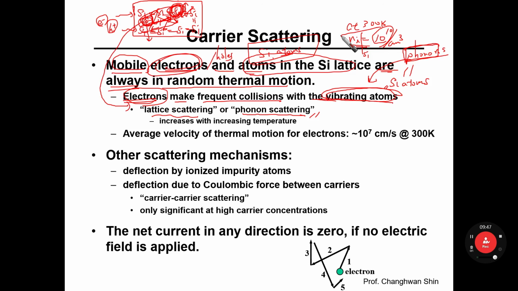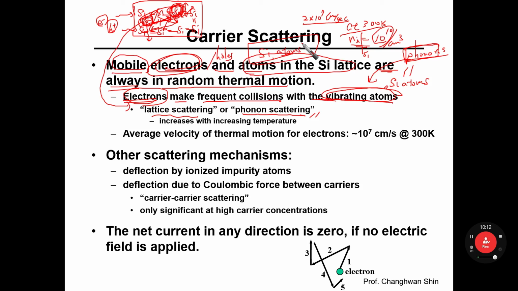At room temperature, the thermal velocity of electrons and holes is up to 2 times 10 to the 7 centimeter per second. So very high speed, from the perspective of human beings, right? 2 times 10 to the 7 centimeter per second is super fast.